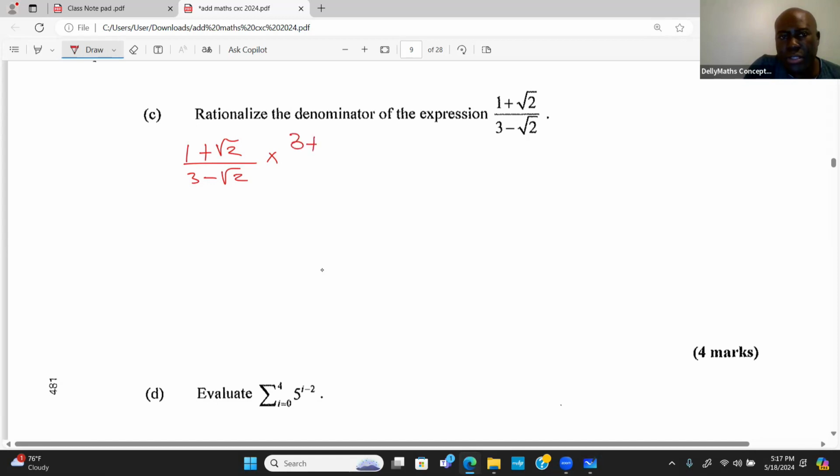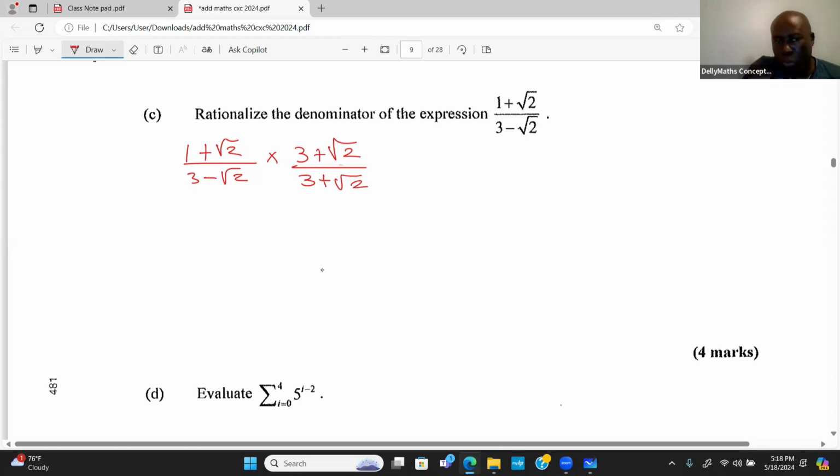So it's going to be 3 plus the root of 2. So we're going to multiply the numerator and the denominator by this. Let me write it in a clearer spot, just a little bit below that. So it's going to be 3 plus root 2 over 3 plus root 2.